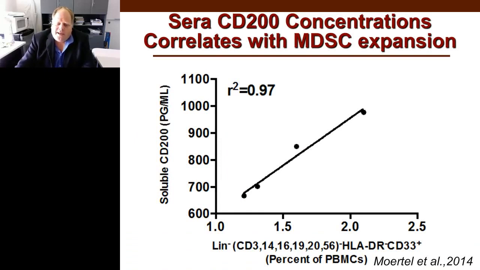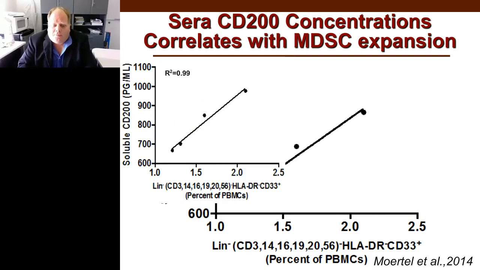Moreover, you can see that this increase in soluble CD200 correlated with an increase of her myeloid-derived suppressor cell population as she went off trial. So when her tumor came back, it solubilized the CD200, this is what we're hypothesizing, and it increased her MDSC levels as her disease progressed. And this was true with our glioblastoma multiforme patients as well.